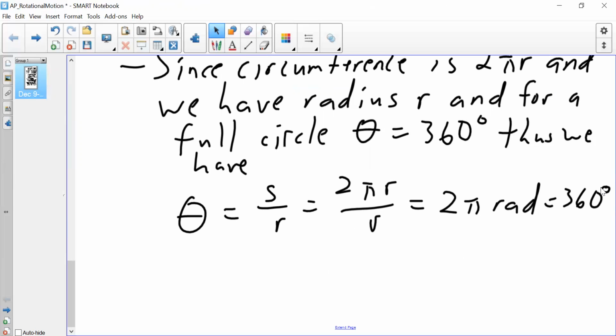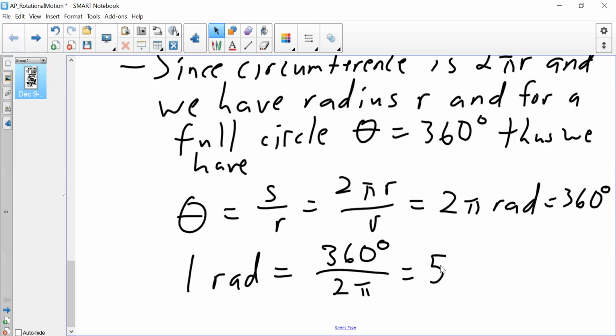180 is pi radians. 90 is pi over 2, 60 pi over 3, 45 pi over 4, et cetera, that you've seen on many occasions. So we're just going back to that idea. Therefore, 1 radian is 360 degrees divided by 2 pi, which is 57.3 degrees.